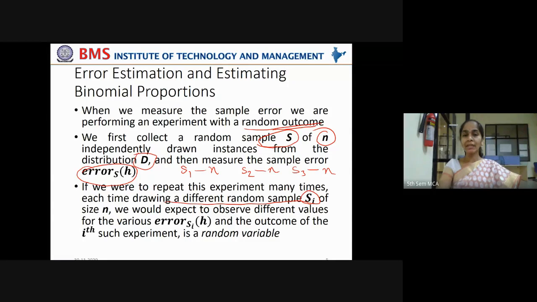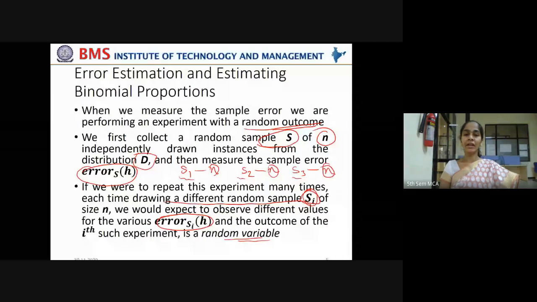Now we are repeating this experiment many times, each time drawing a different sample Si. S1, S2, S3 and so on, Si of size n. Each of them is of size n. We would expect to observe different values for various sample errors. And the outcome of such an experiment is a random variable. Did you understand?